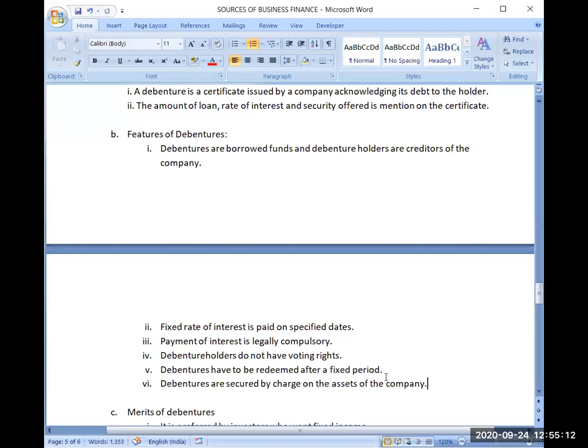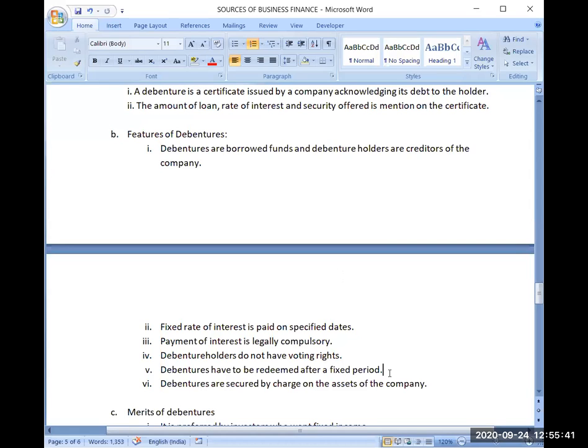See, again I am explaining. Fifth point, debentures are to be redeemed after a fixed period. See, companies in case of debenture, who is borrowing? First answer me. In case of debentures, who is accepting the loan? Who is borrowing? Yes.